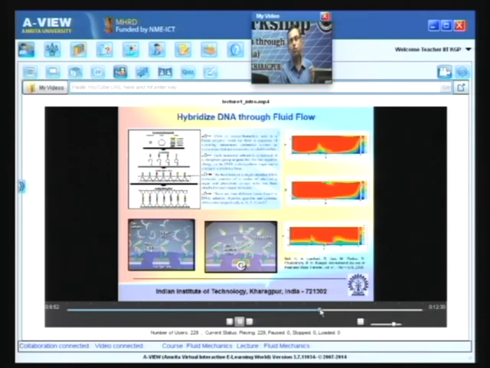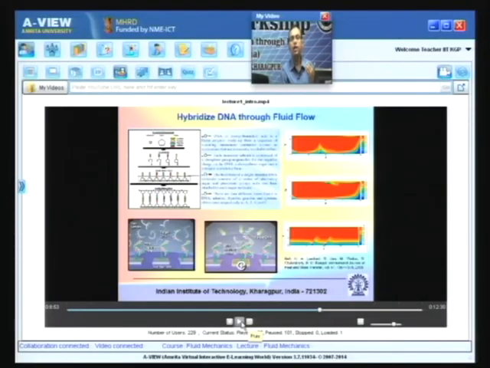So, you may pass a single stranded DNA through a small channel, and if that DNA sequence has a particular organization like A, T, G, C, T, A, G, C, and its matching sequence is put on the wall of the channel, then there will be a matching reaction and the two single strands will combine into a double strand, and that is called DNA hybridization.